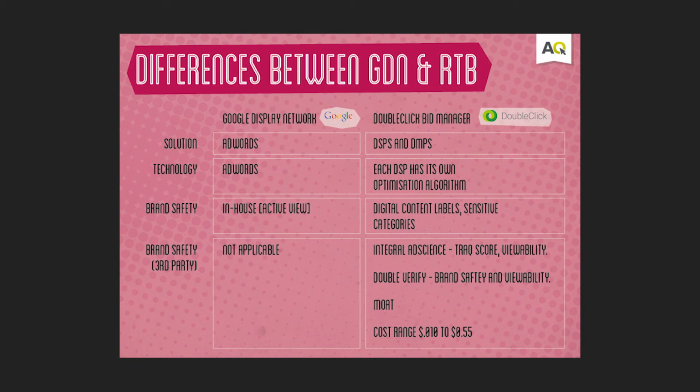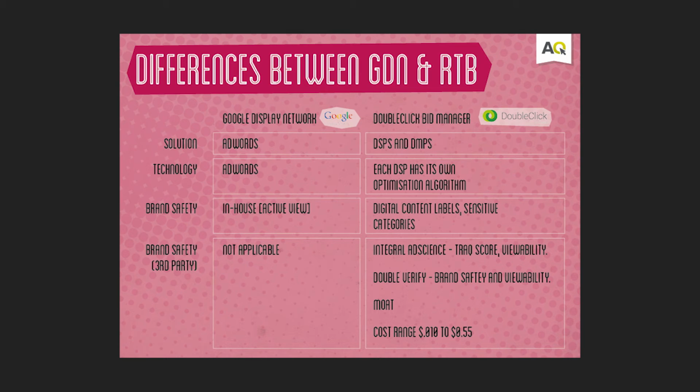The next slides talk about GDN and RTB. Where do you move from GDN, which is a proven solution, you're happy with your GDN, but programmatic comes into the mix and you want to try and test? I've listed a few differences that we normally see why programmatic is better than GDN. For example, I've used DoubleClick Bid Manager as one of the programmatic solutions because they're both owned by the same company, Google.